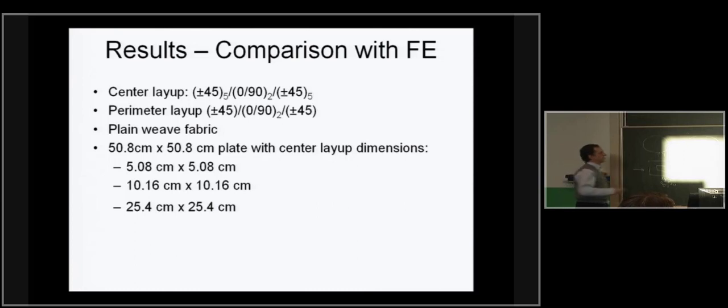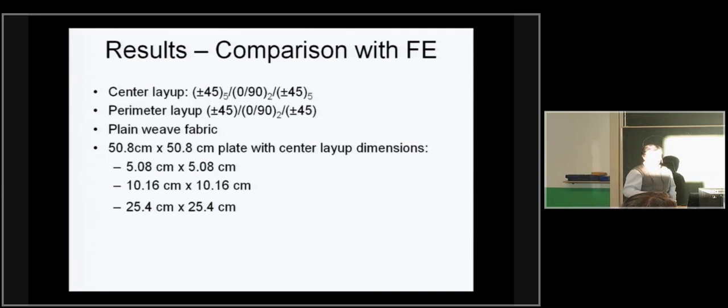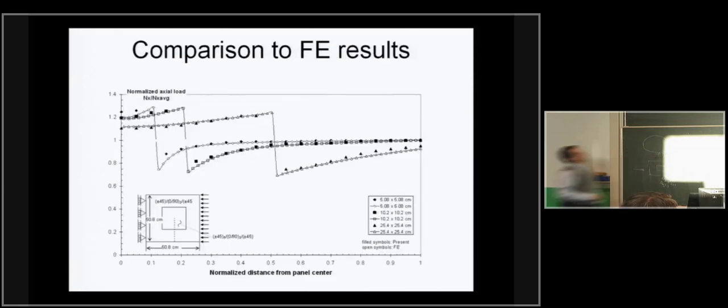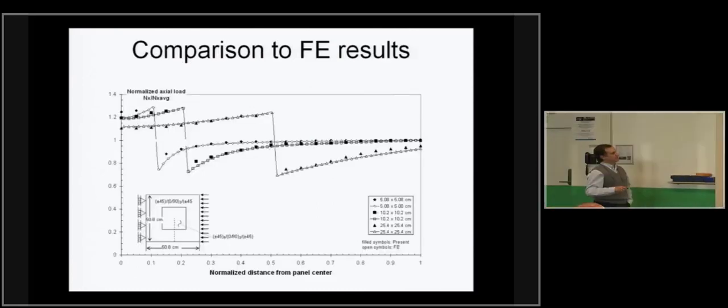It's plain weave fabric, and we're using a square plate, and then we are changing the center part to have different dimensions, 5 by 5 centimeters, 10 by 10, 25 by 25. And again, these numbers are weird because in English units they are very round, nice numbers. So here's my plate.